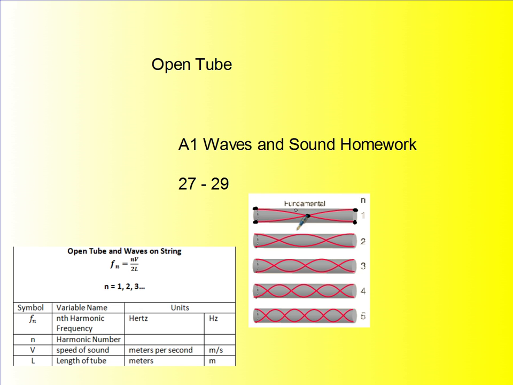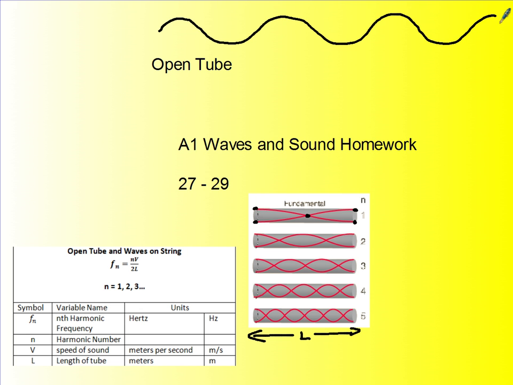Now it turns out if the length of my tube is L, the length of my tube is always L here. All right, this is half of a wavelength. I know this is confusing, but if you just sketch a wave like this, and then sketch in your equinodal line. All right, this is how I have to do it.